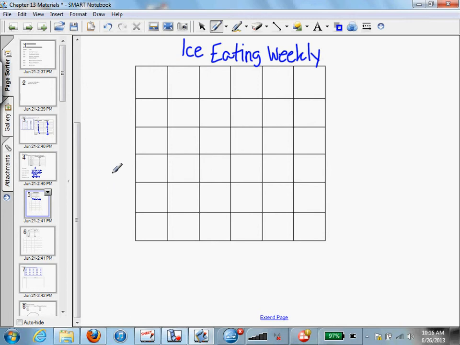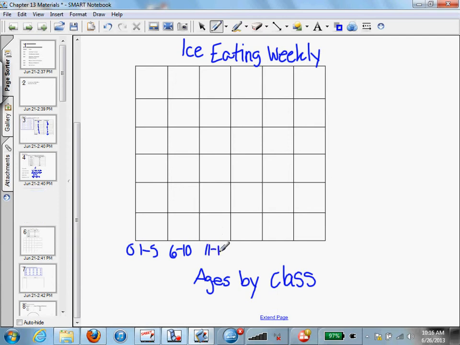Okay, and on the horizontal axis, I'd list that as ages by class, and I would say that this is going to be our starting point at 0. This will be 1 to 5, 6 to 10, 11 to 15, 16 to 20, 21 to 25, and 26 to 30.